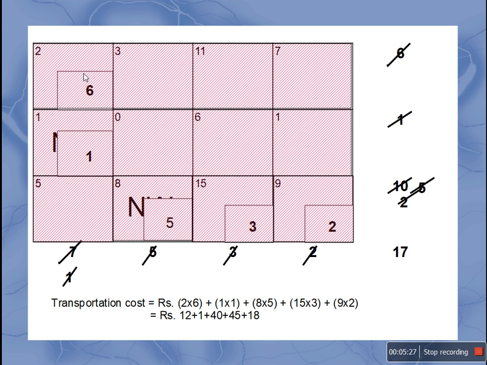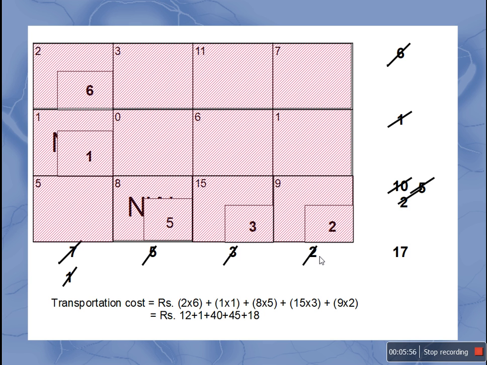Similarly for the first column we have 2 allocations which sum up to 6 plus 1, 7, which is equal to the total demand of that column. For the second column we have only one allocation with 5 units, which is equal to the demand of that column. For the third column we have only one allocation with 3 units, which is equal to the total demand of that column. And for the fourth column we have only one allocation with 2 units, which is equal to the demand of that column.